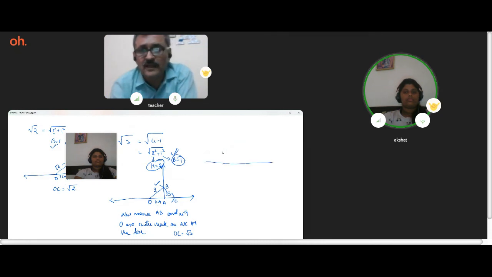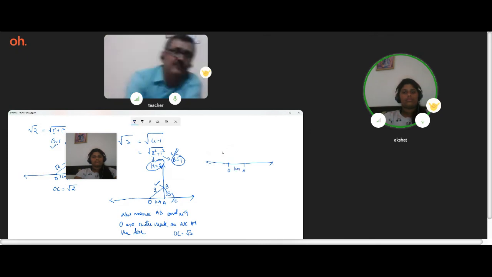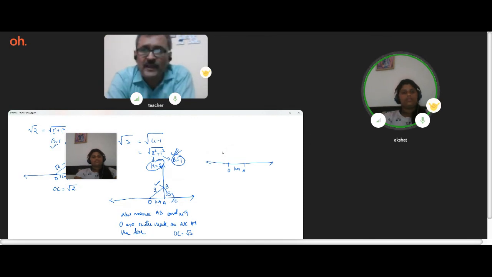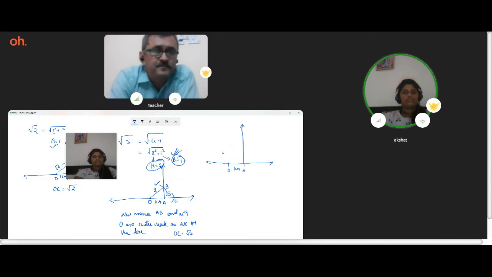This is the line, right? This is O, this is A, this is 1 centimeter. Why have we taken 1? Because over here the base is 1, right? Now from A we are going to draw a perpendicular, right? Now what is 2 over here? It's the hypotenuse.